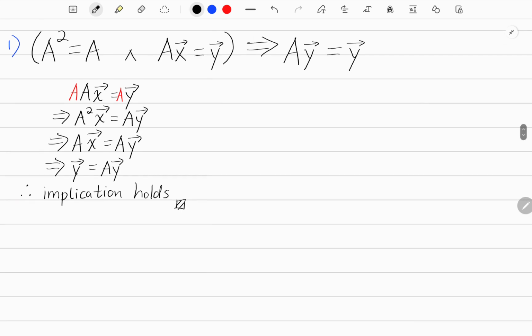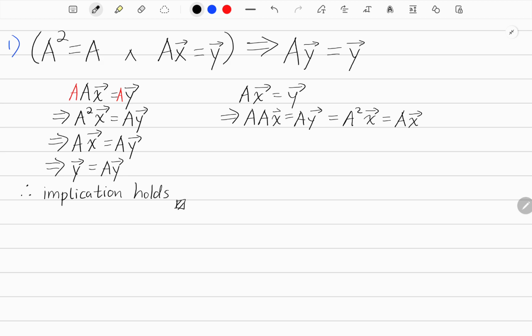Now generally when I do a question like this, I will probably just say if Ax is equal to y, then we have Ax is equal to Ay, which equals, and then I start from here. So Ax is A squared x, and A squared is A from one of the premises.